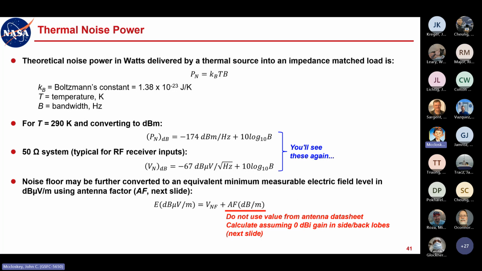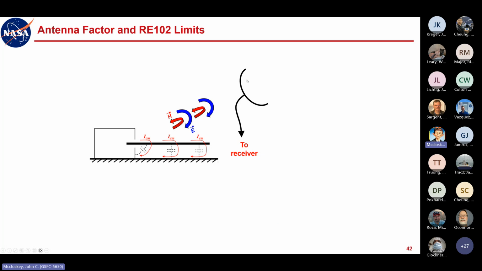But one very important note here is do not use the boresight value of the antenna factor from the antenna data sheet. You want to calculate a worst case, which you may do by assuming a 0 dBi gain in side or back lobes. The antenna factor that you're given from a data sheet, or even a specification for a flight antenna, something you're going to actually use on the platform, is for the main beam gain, right?